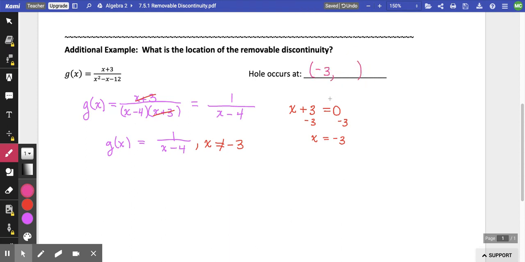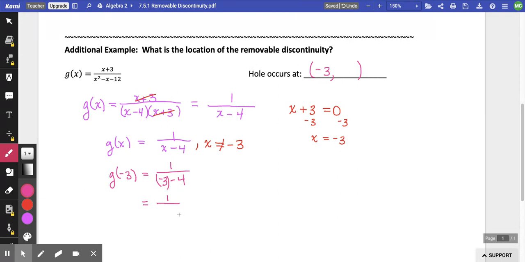I also need the y value of the hole, so I know where it falls in line with the curve. So I'm going to take my reduced function here, even though it says x is not allowed to be negative 3, I'm going to put negative 3 in place of x. And then simplify. So on top there's just a 1, there's nothing I can do to simplify that.